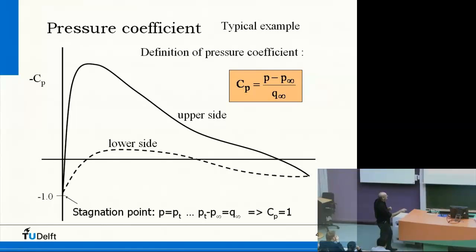P is PT, and if we put PT here, then PT minus P infinity divided by Q infinity is Q infinity divided by Q infinity, that's 1. Right? So in the stagnation point, CP is 1. And it's called the total pressure. And it doesn't matter if it's compressible, it's total.